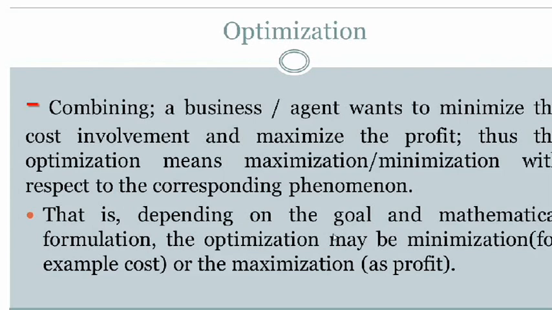That is, depending on the goal and mathematical formulation, the optimization may be minimization, for example cost, or maximization, such as profit. And in our modern optimization theory, both are combined and then it can be solved.